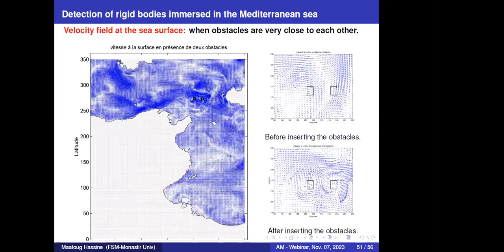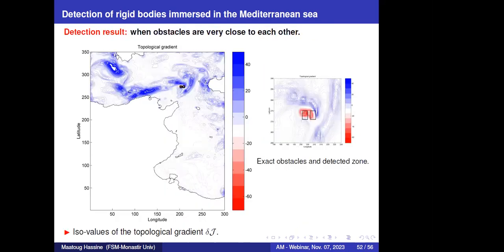And in the last example, we will discuss the influence of the interaction between the two obstacles on the accuracy of the detection process. So, with our numerical detection process, the ISO value of the topological gradient has this representation.